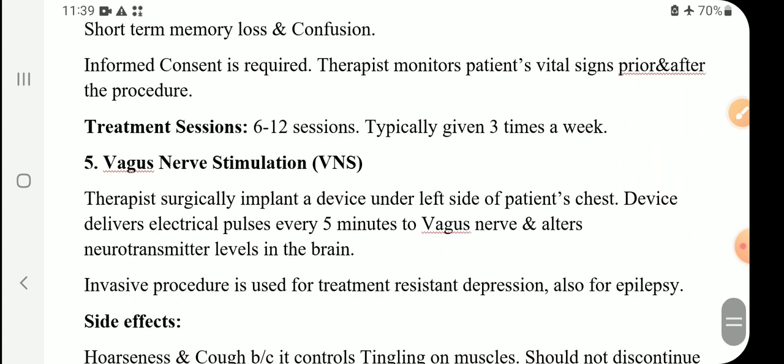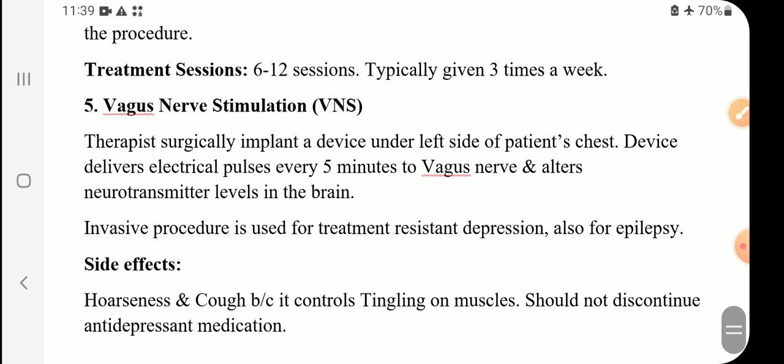And coming to the next therapy, which is vagus nerve stimulation, also called VNS. In VNS, it is a surgical procedure. In this surgery, the therapist will implant a device under the left-hand side of the patient's chest.